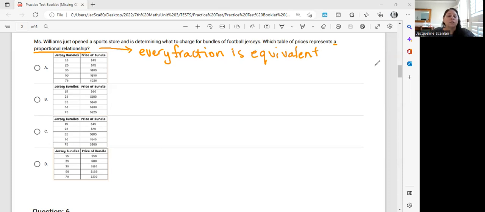Every fraction is equivalent. You could think of a proportional relationship as a pattern. So as your x values increase, your y values increase at the same rate.